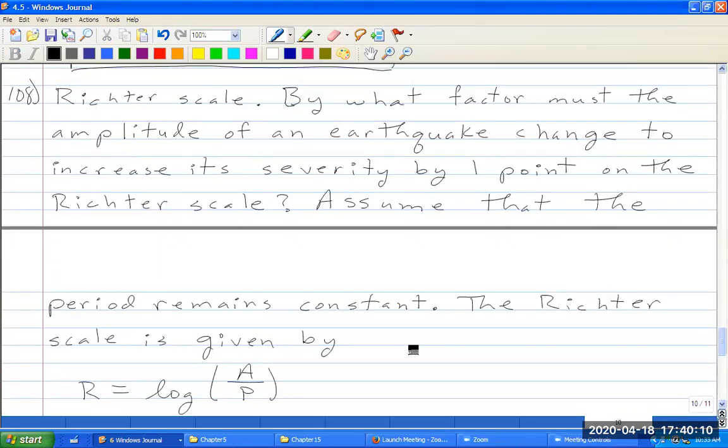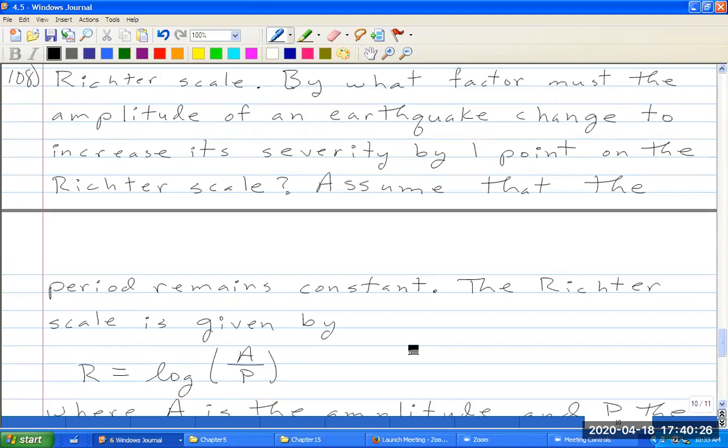Richter scale. By what factor must the amplitude of an earthquake change to increase its severity by 1 point on the Richter scale? Assume that the period remains constant.